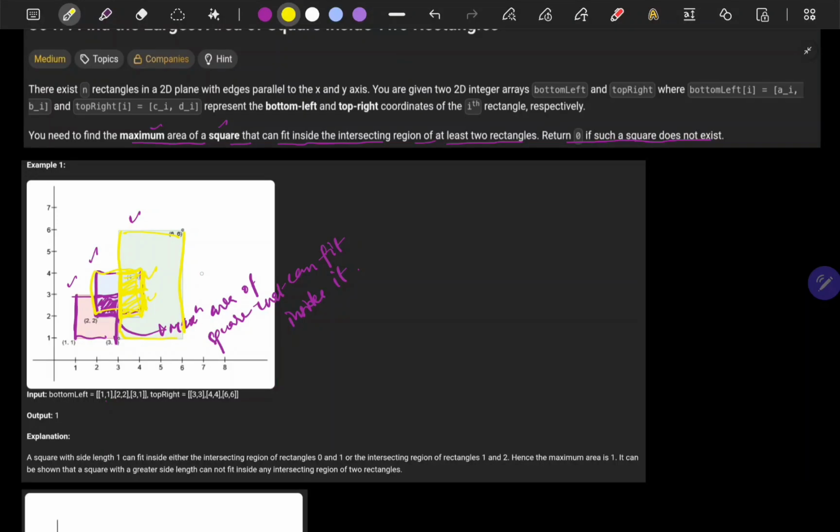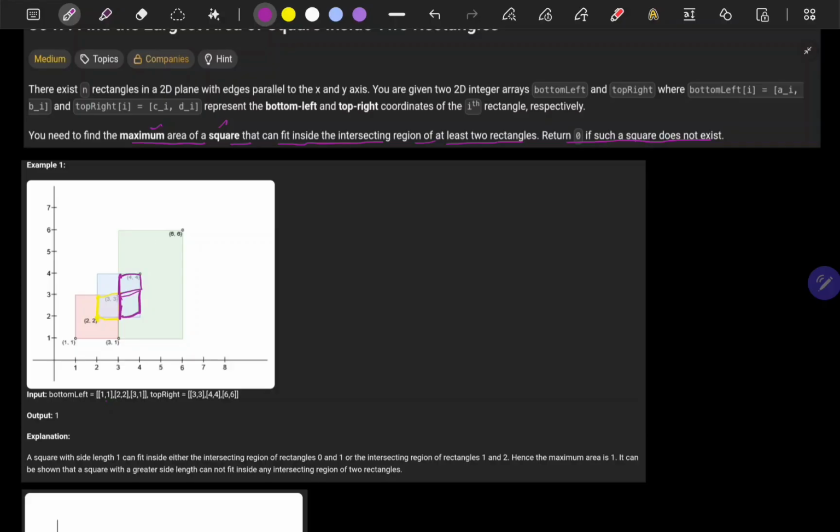So the maximum area will be 1 into 1, which is 1 only. If you check any overlapping region here, we have a maximum of 1 unit. So the output is 1 only.